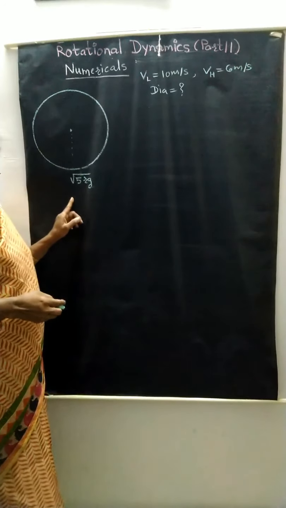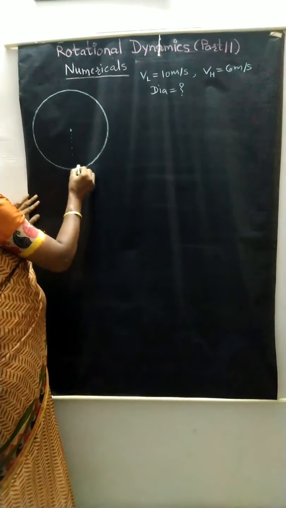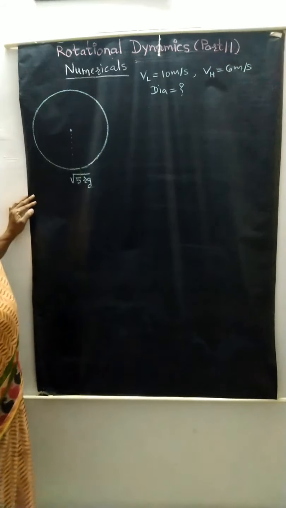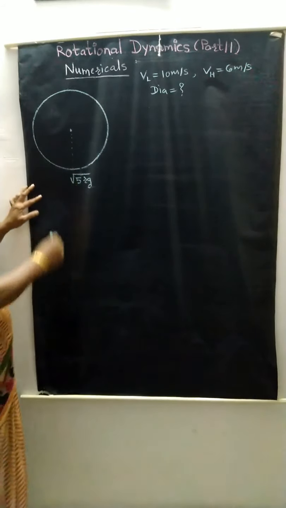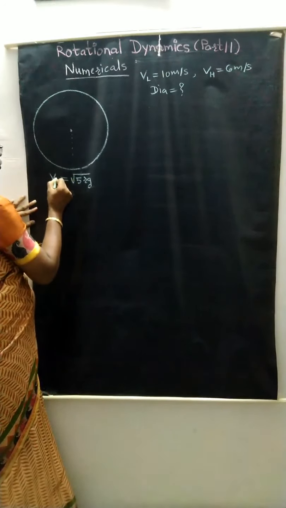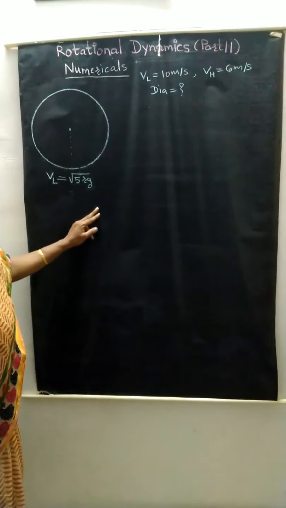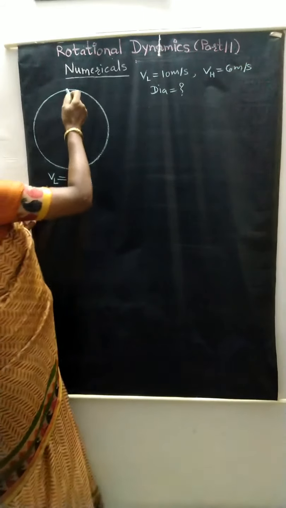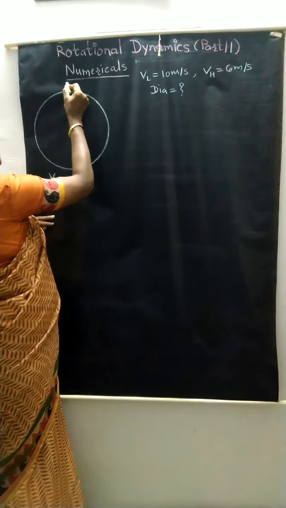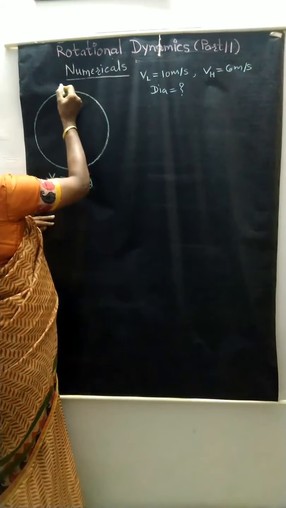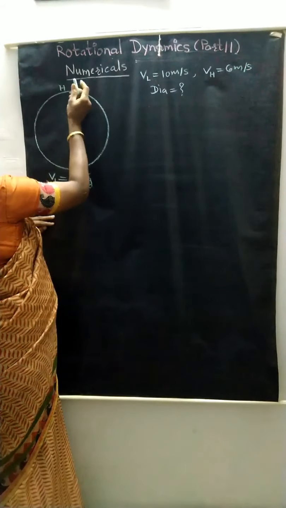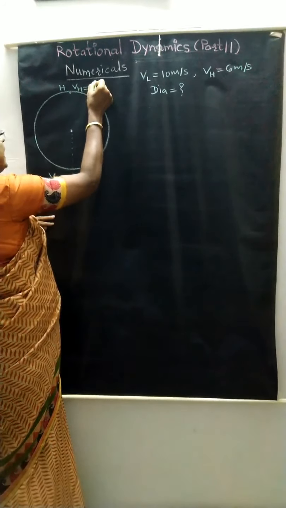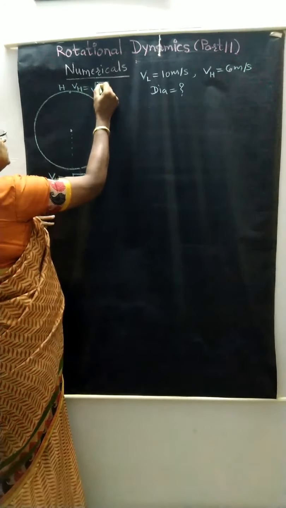In order to complete the vertical circle, the minimum velocity at lowest point must be equal to under root 5 Rg. And at the top point, suppose it is highest point, so Vh, it must be at least equal to under root Rg.